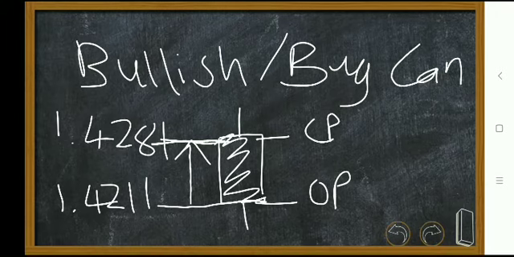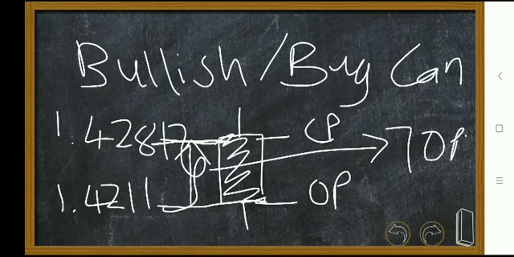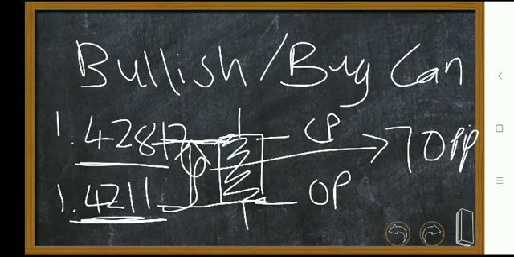Then you'll find that it's an overall movement of 70 pips. So price went up by 70 pips from the opening to the closing price.